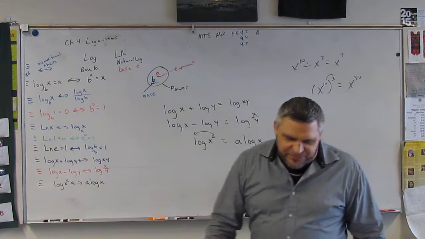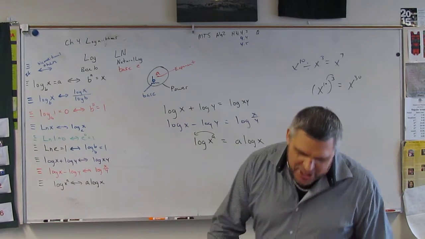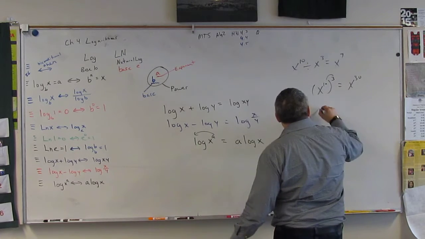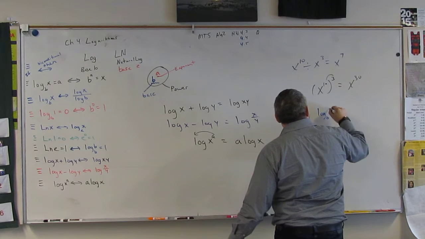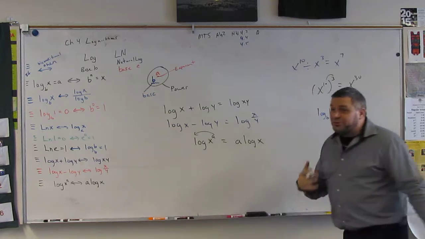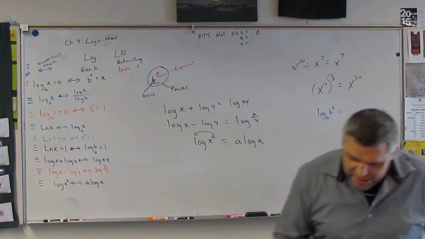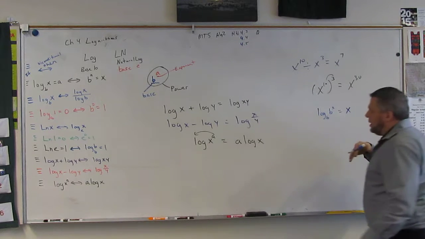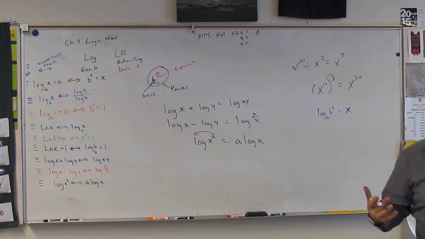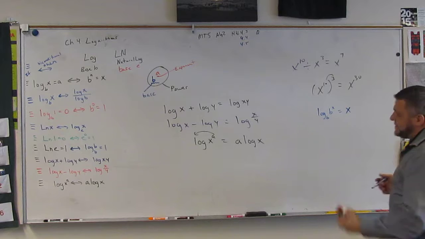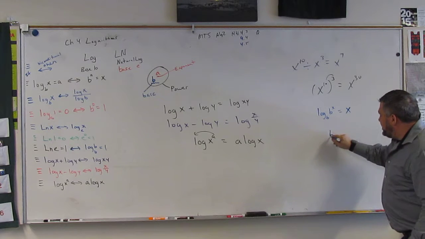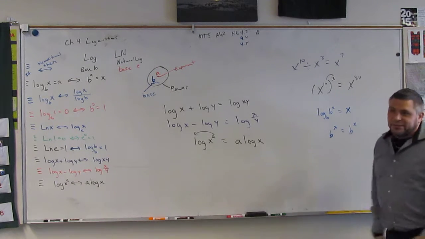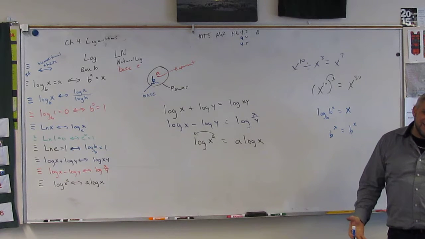And the other one that's funky is log base b of b to the x. I've really never used this myself. Is equal to x. And then they say, well, why? Well, pretty simple. b to the x is equal to b to the x. Does that make sense?